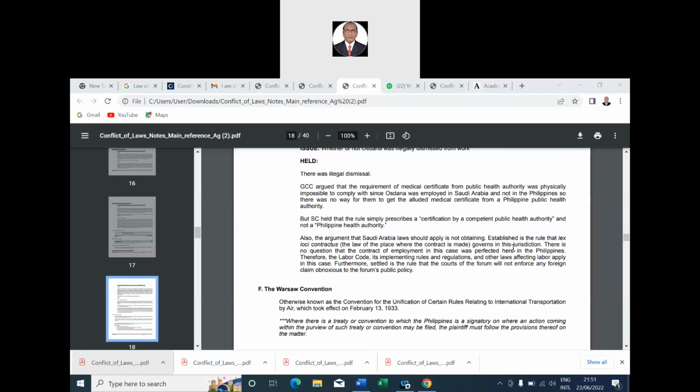There is no question that the contract of employment in this case was perfected in the Philippines. Therefore, the labor laws, implementing rules and regulations, and other laws affecting labor apply in this case. Furthermore, it is settled in this rule that the court of the forum will not enforce any foreign claim obnoxious to the forum's public policy.